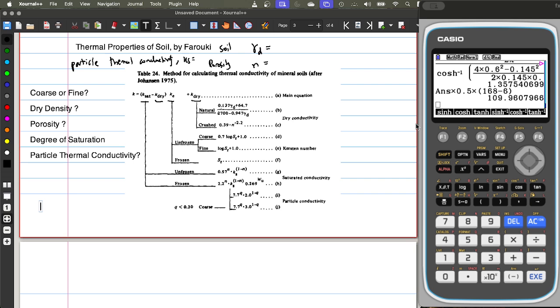Now, what we can do here is assume a dry density.